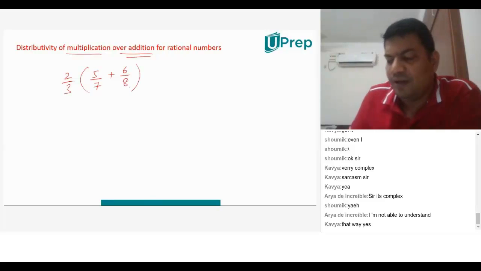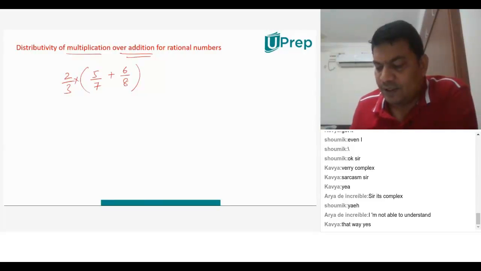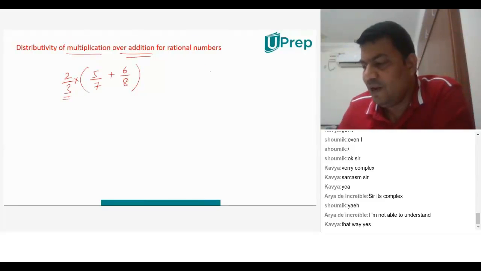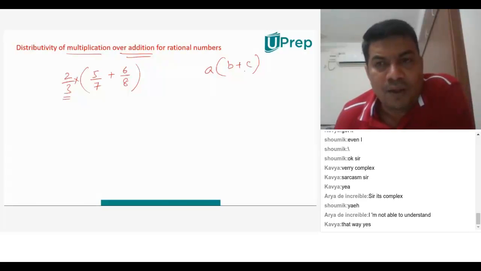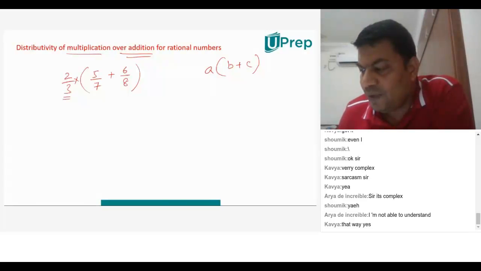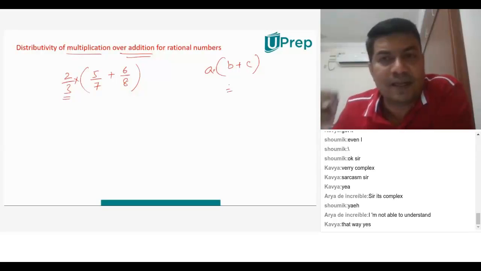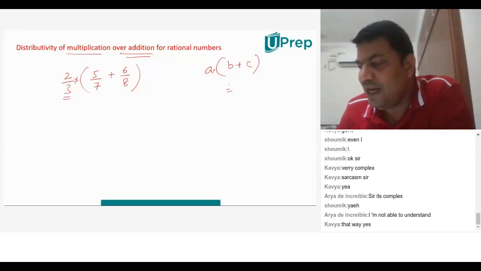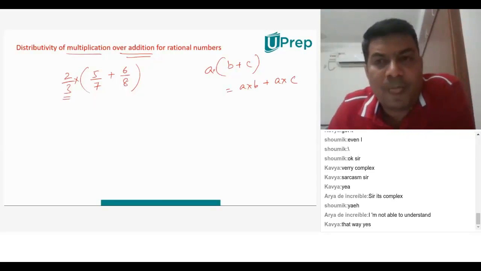So we have a rational number A that needs to be distributed over B plus C, so A into B plus C. Like with any real numbers, A into B plus C can be written as A into B plus A into C. That's what everyone should be knowing. So rational numbers hold the distributive property.